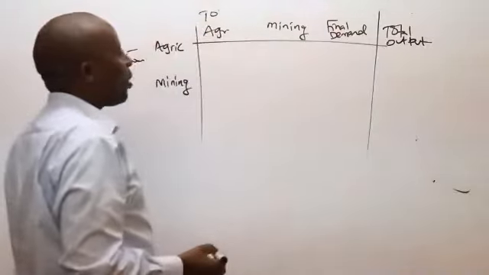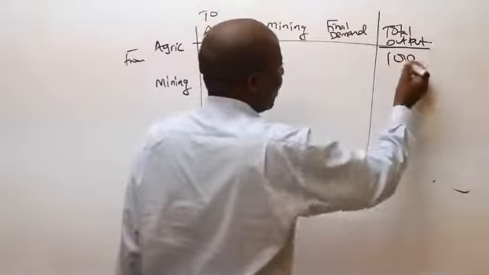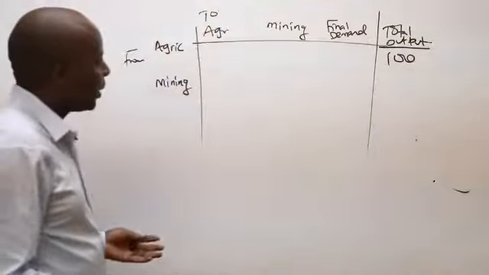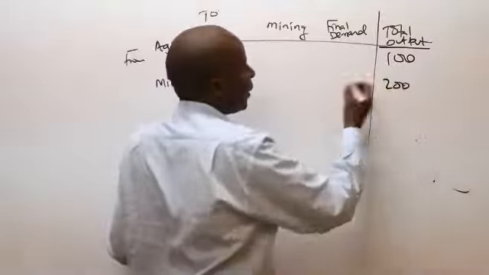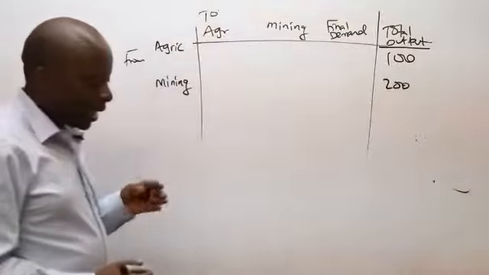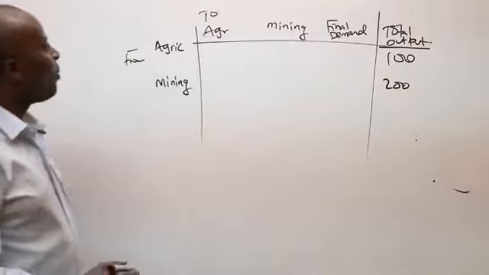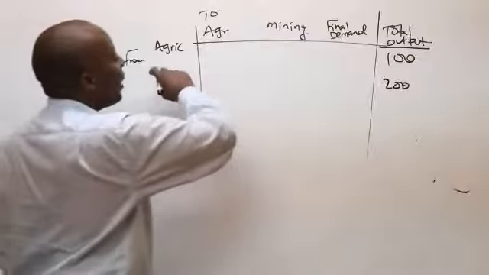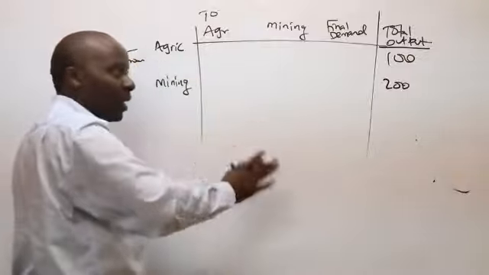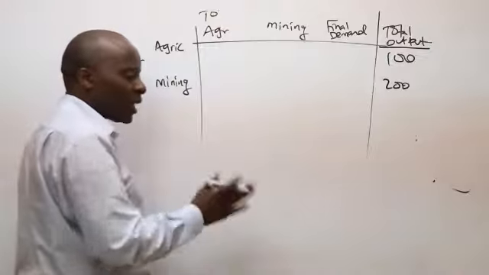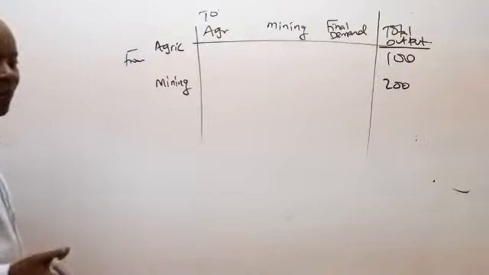It'll tell you that agriculture in the year produced 100 kilograms, could be 100 million kilograms. And mining, for example, produced 200 kilograms of limestone. Limestone is quite useful. From agriculture in the year, there will be quite a lot of transfers between sectors. That's very normal.